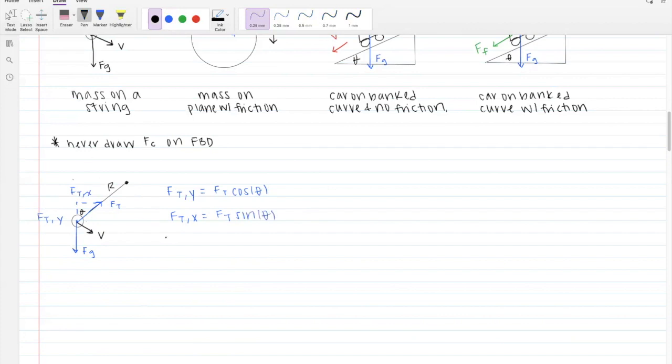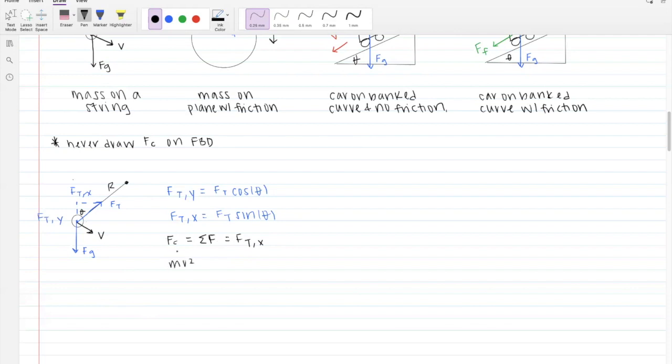Now let's look at centripetal force, because we know that this has some sort of constant velocity. Centripetal force is equal to the summation of all your forces. And if you can tell by this diagram, the only unbalanced force that we have is this force that's acting in the x direction. And we can see that the force of tension in the y direction is going to equal the force of gravity. So that means that we only care about the x component. Therefore, we can rewrite this.